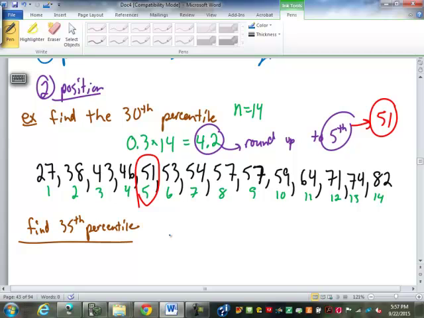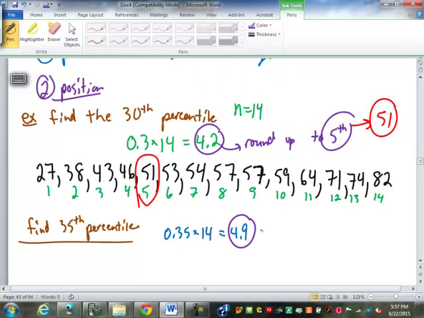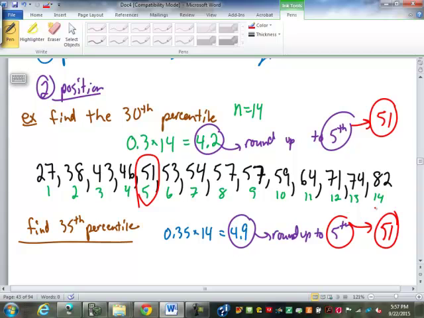What's 35% as a decimal? 0.35 times 14, which is going to be 4.9, correct? Which is going to round up to the 5th number in the list. Well, the 5th number in the list is still 51. So the 35th percentile will also be 51.